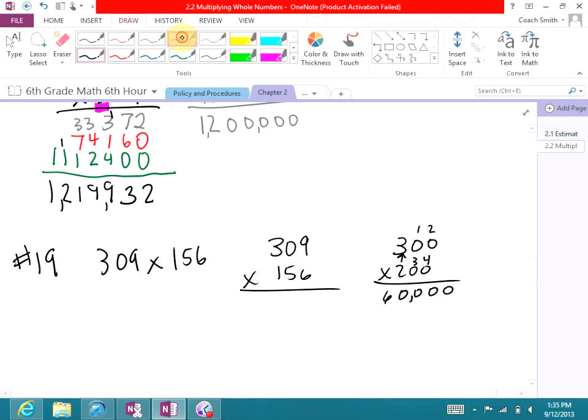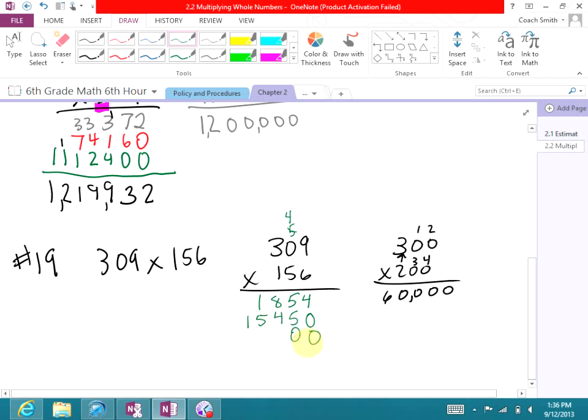Now I've got to actually multiply it out. 6 times 9 is 54, write the 4, carry my 5. 6 times 3, 18. Okay, then I bring down a 0. 5 times 9 is 45, which is 5, carry my 4. 5 times 3, 15. Okay, now I got to add 2 zeros.